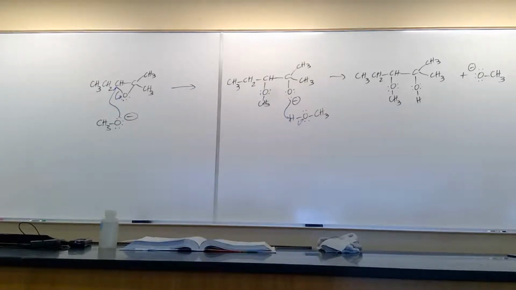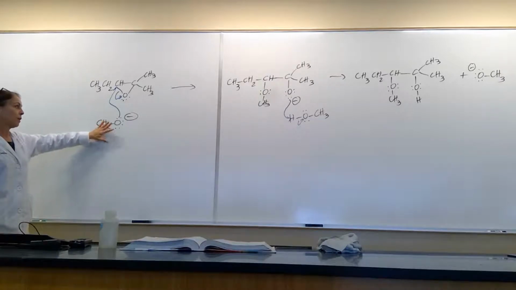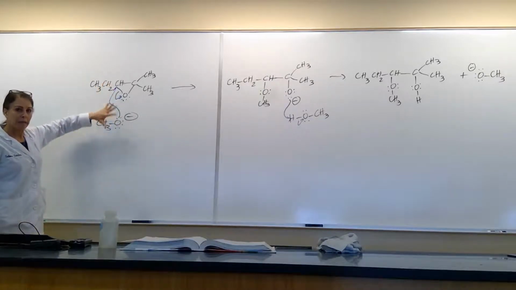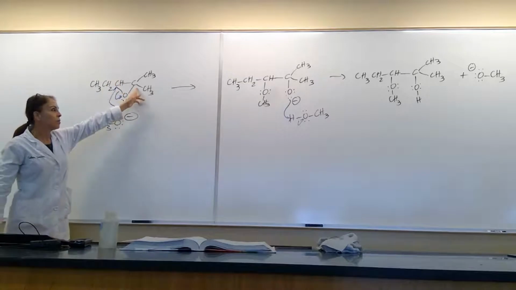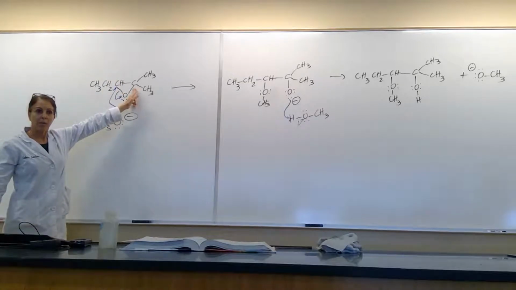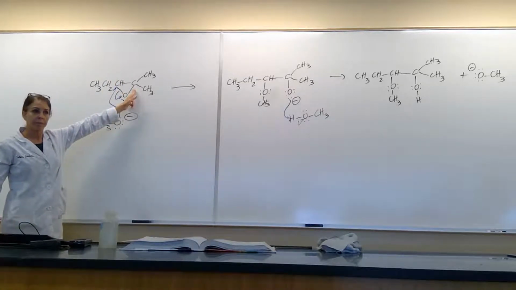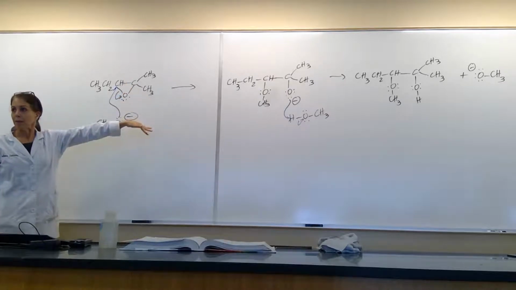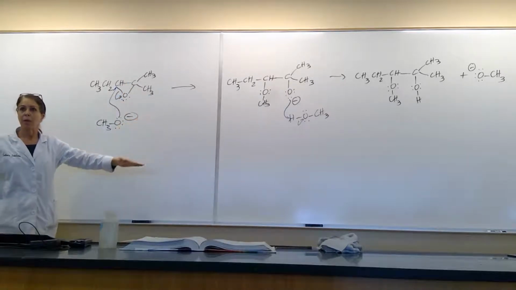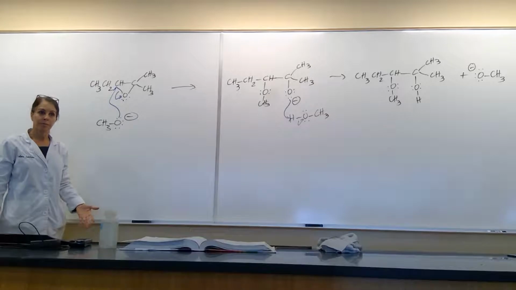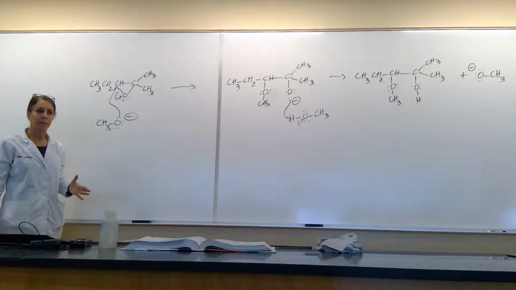Now remember, if we use a base, this has to attack, but it's bulky. So we can't attack on the most substituted site because it's too much going on here. It's really just because of steric hindrance. Okay, that's the only reason.